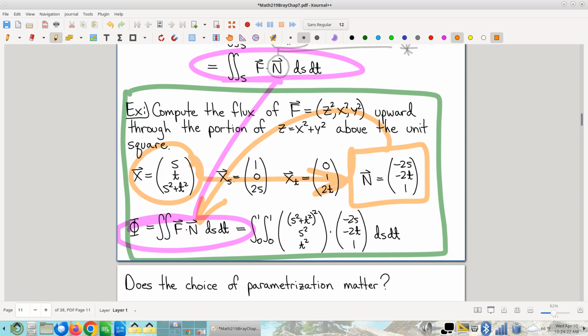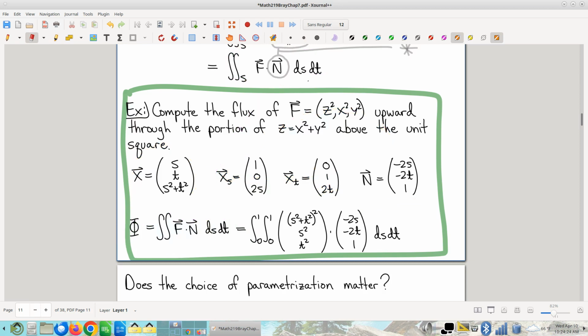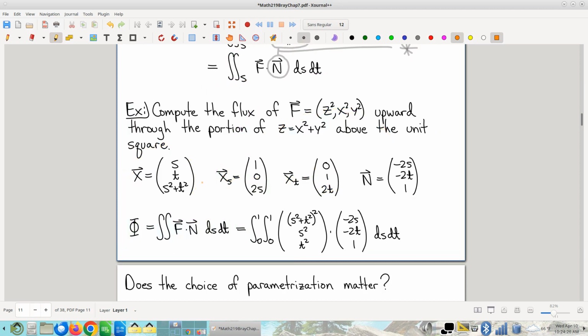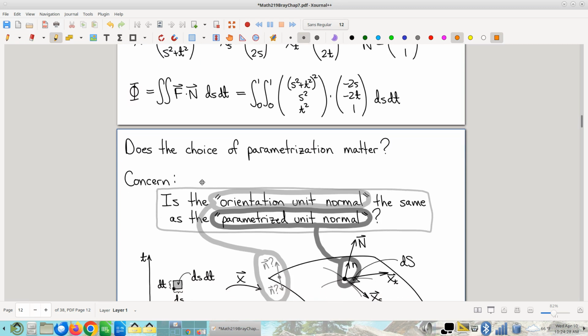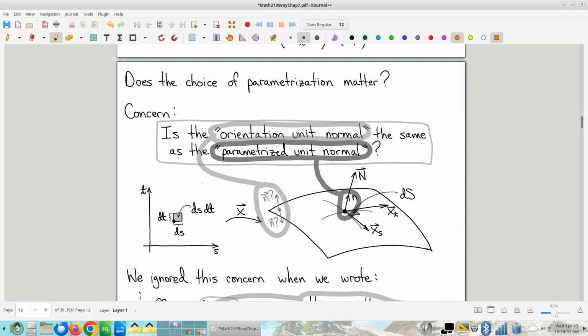Okay. All right. So we then, I believe, spent a bit of time talking about the question of the parameterization, and does the parameterization matter? And it turns out that it does, because the problem comes to us, let me do the dark green, a problem comes to us with a surface that is oriented one way or the other.